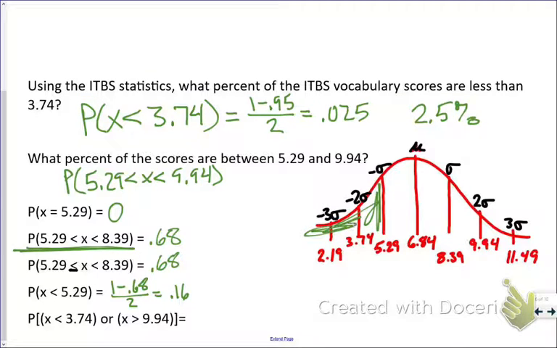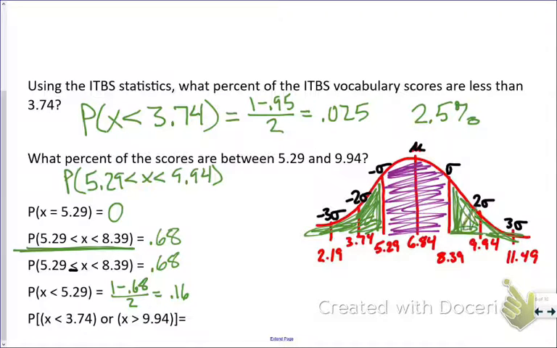So I want this. I know this is 68. The purple is 68. If I take the purple away from 1, I now have the green to the left and to the right. So I got to chop that green area in half so that I'm left with that, which is 16.